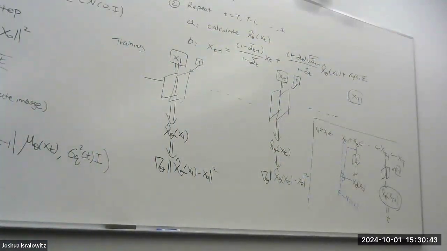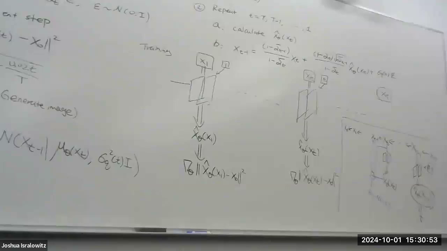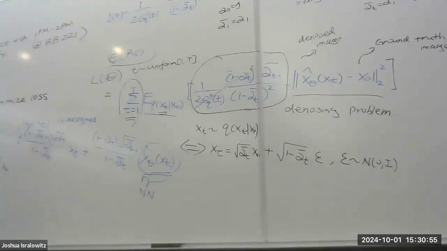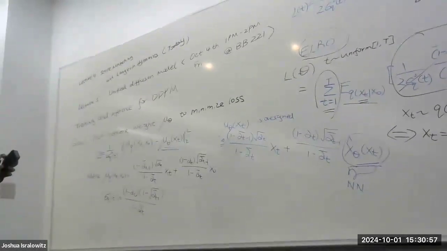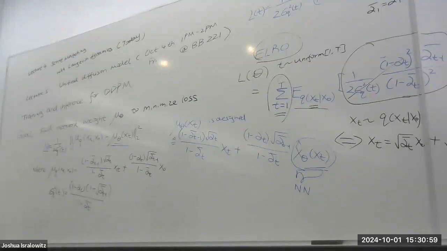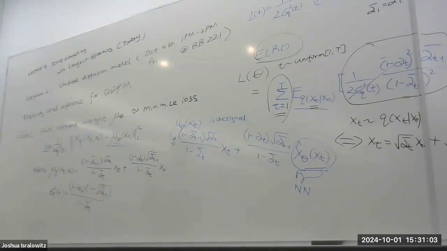All right, so this is basically the training and inference for DDBM. And if you want to implement that, you can do it. But I want to step back and look at DDPM for a little bit longer. Why do we want to do this?